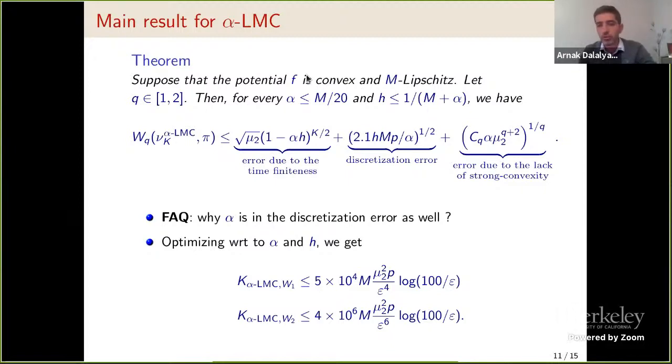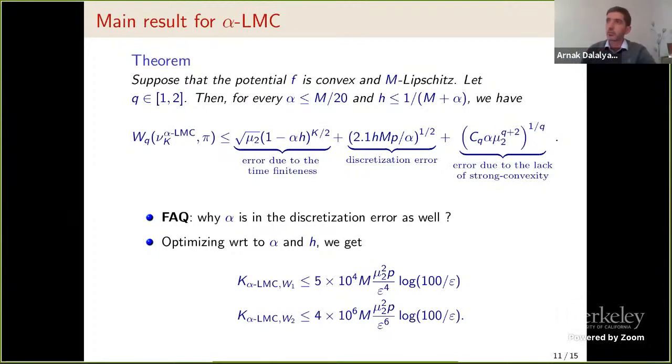Very often when I show this result, people ask me, why do we have alpha present in the second term? The second term accounts for the discretization error, and one could think that introducing this penalty alpha doesn't change the properties of the path of the diffusion process, so the discretization error shouldn't change.